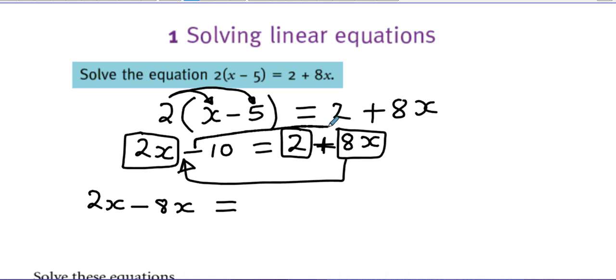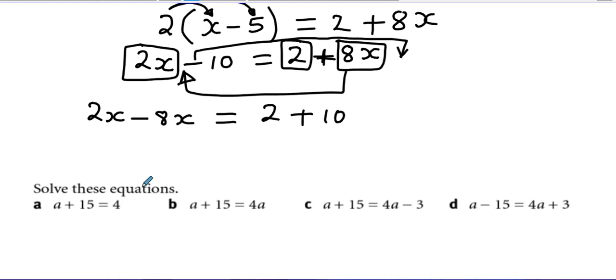So the 10 will be coming to this side here, so it will be 2 plus 10. All right, so this will be 2x minus 8x, which is negative 6x, and 2 plus 10, that is 12. Now to find the value of x, we simply divide by negative 6 on both sides.